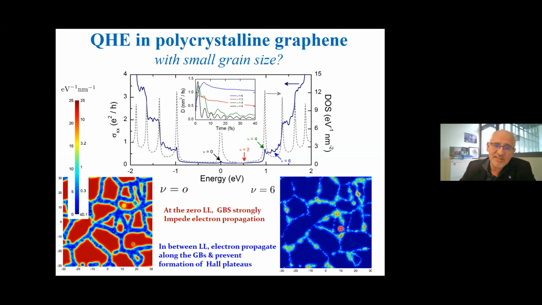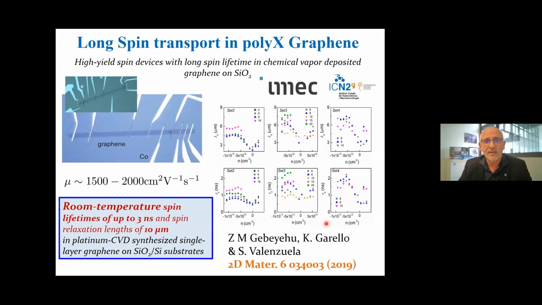So this is preventing the formation of the localization of states, and so the formation of plateaus in between Landau levels. Of course, this will have a certain scaling trend, which you could investigate experimentally.